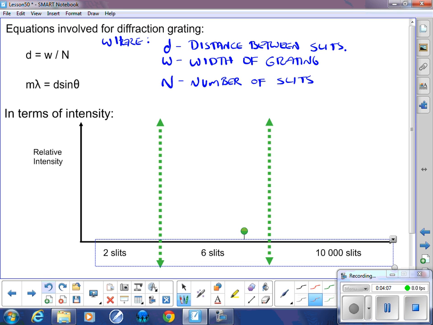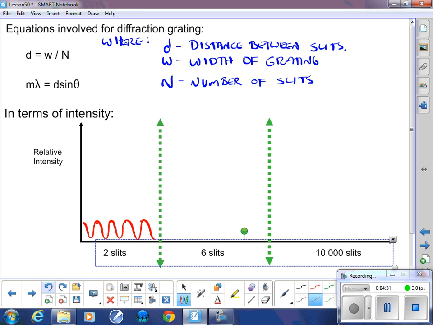You know that if we have two slits, the resulting pattern, you saw this in the lab, you get kind of an equally spaced pattern like this, where the intensity is relatively low, but that nice equal pattern.